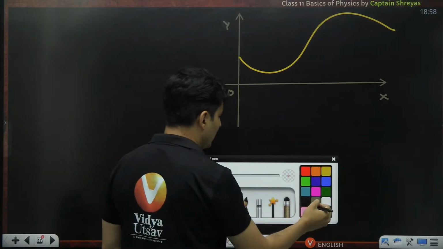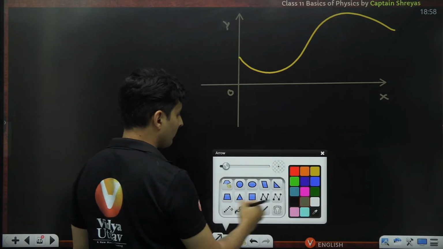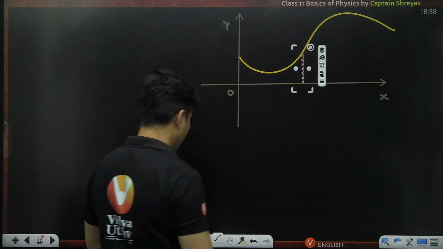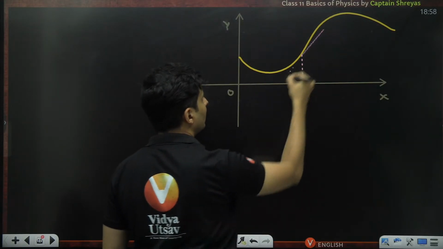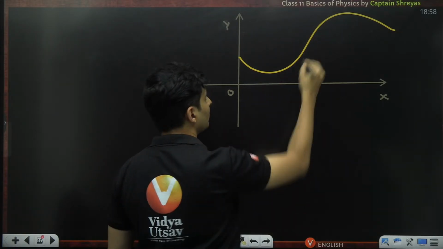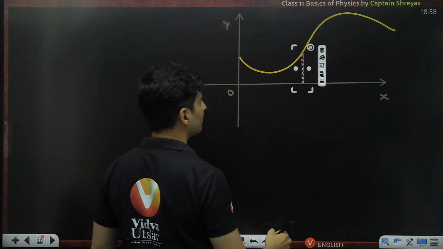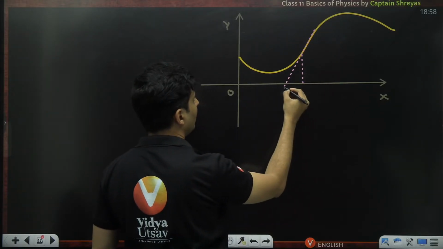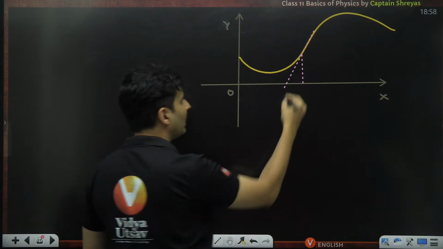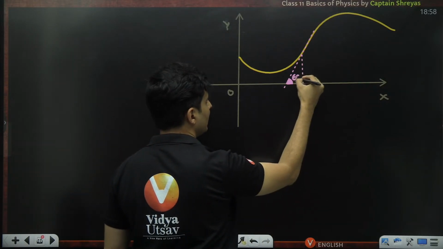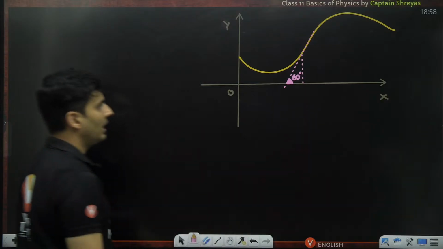And let's say I choose a point somewhere over here. If I draw a tangent there, then that tangent is, for example, making 60 degrees with the horizontal axis.